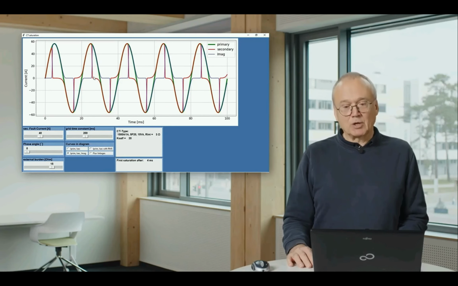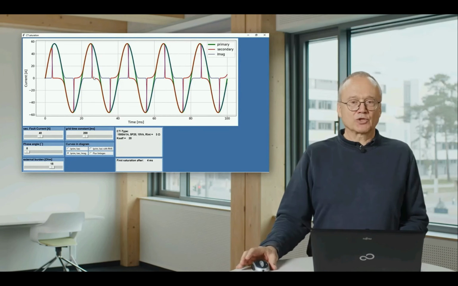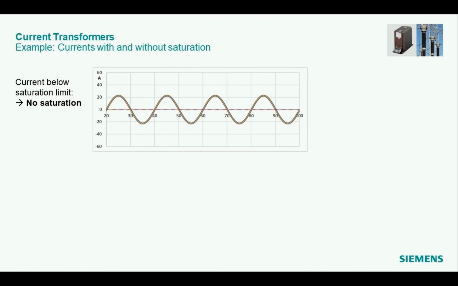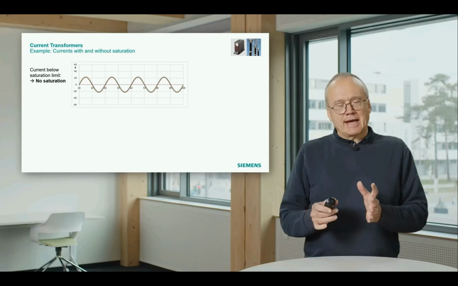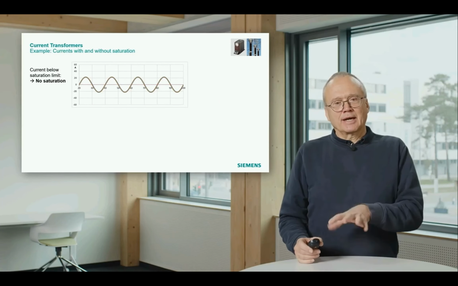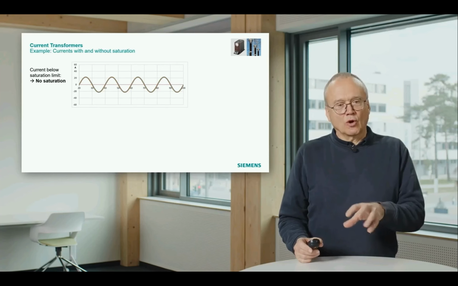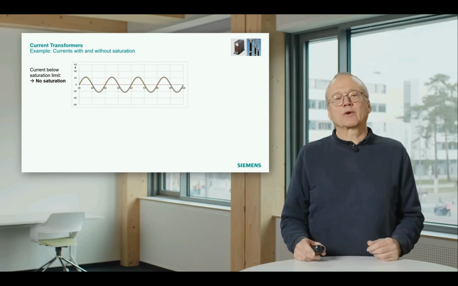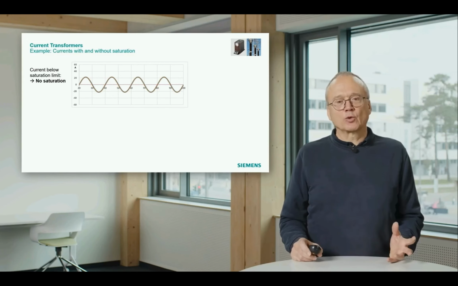So that was the simulation for steady-state conditions. I would like to summarize that in a slide. This slide summarizes what we saw in the simulation. As long as we are below or on the saturation point, we have nearly no saturation, and the curves look like that.